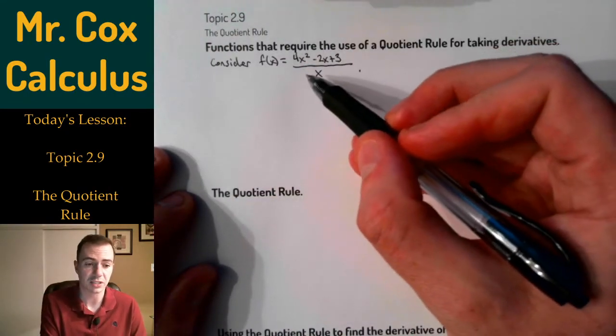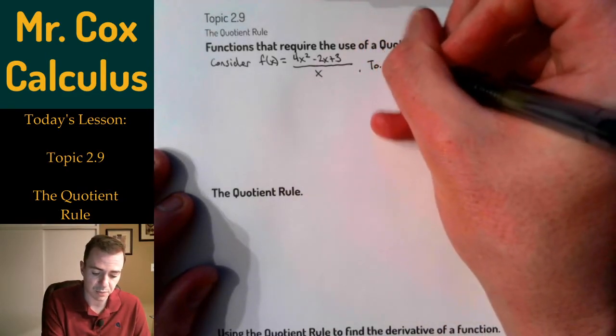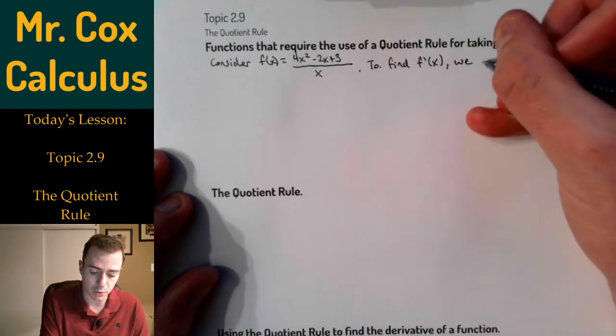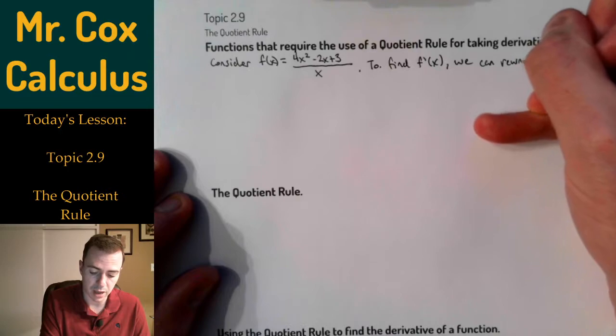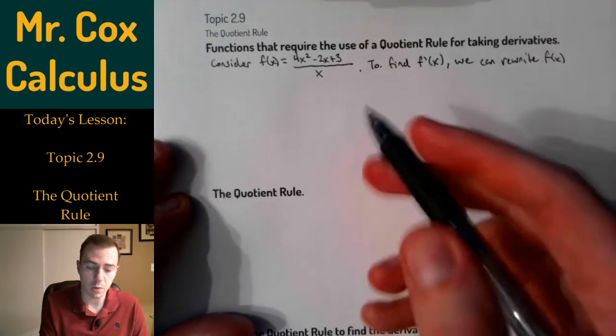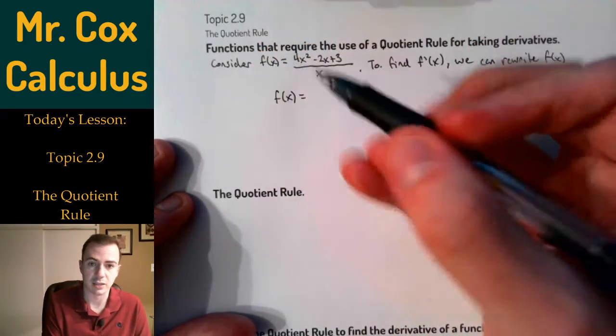But because there's a single term here, to find f prime of x, what we did was we rewrote f of x. And what we wanted to do here is take f of x and do exactly what I said.